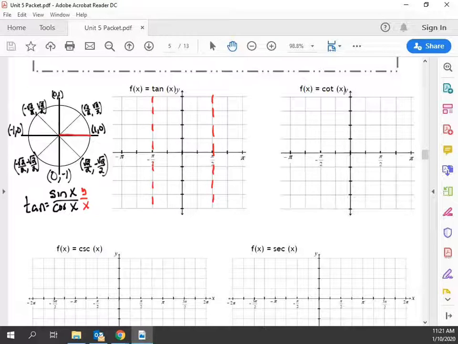And 3 pi over 2, which is actually off the graph, so we don't have to worry about it, but I do want to label that there is an asymptote. Because at that point, x equals 0, which means the denominator equals 0, which means it's no solution. So then we go, okay, what happens in between?